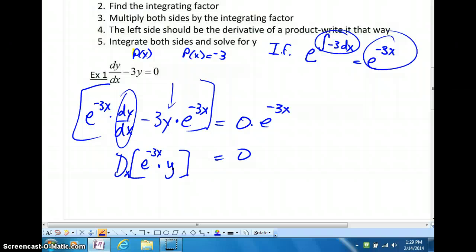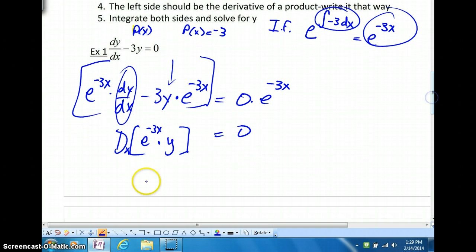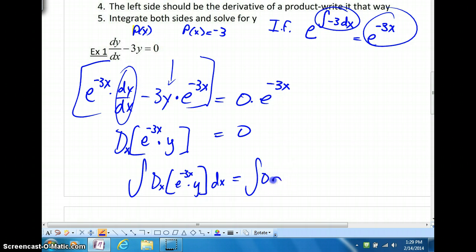My goodness, yes. Here's why. We can now integrate both sides with respect to x. Why with x? Well, that's the way I'm setting up my product rule over here. Tell you what, what would we get on the left side?